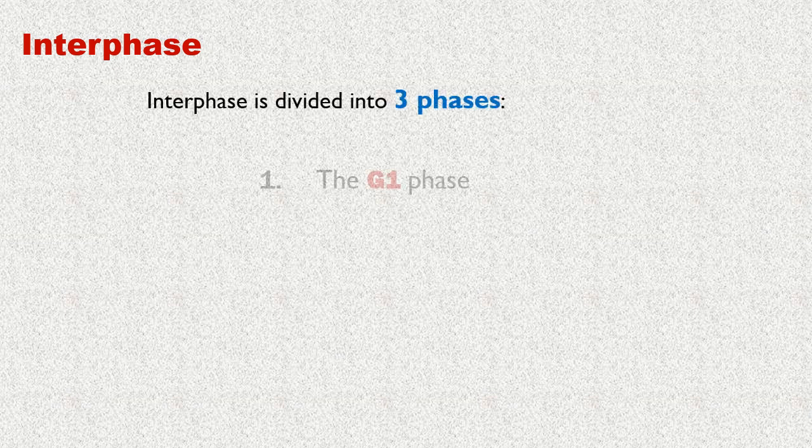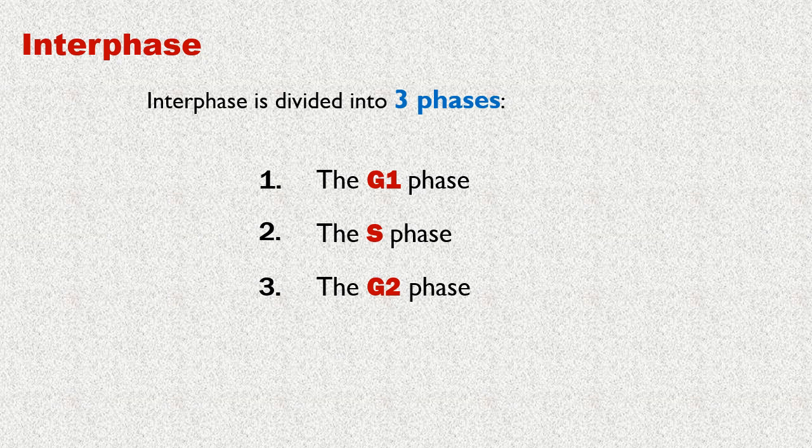Interphase is further divided into 3 phases: the G1 phase, the S phase, and the G2 phase. G stands for gap. But these phases are not just gaps because cell growth takes place during these phases. S stands for synthesis. During this phase, DNA synthesis or chromosome duplication takes place.